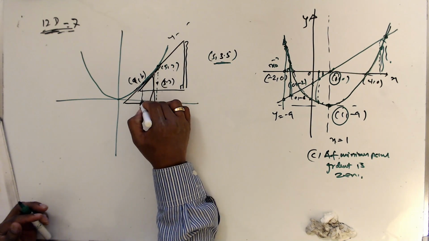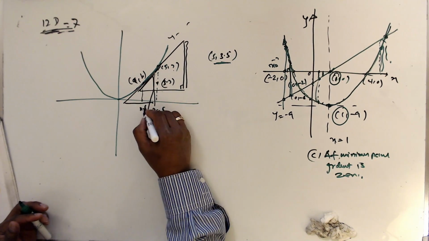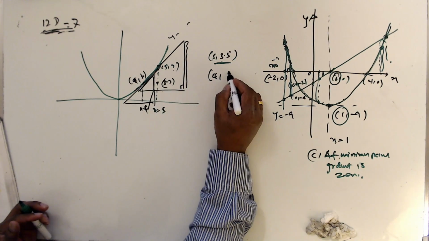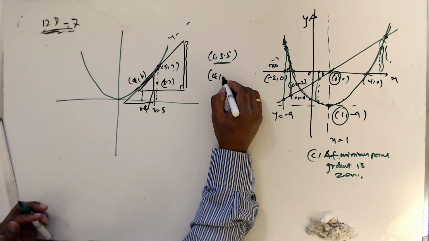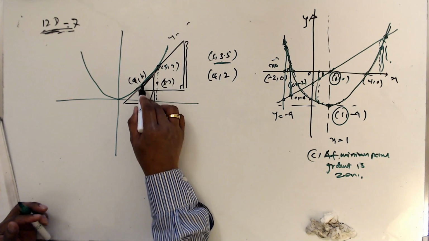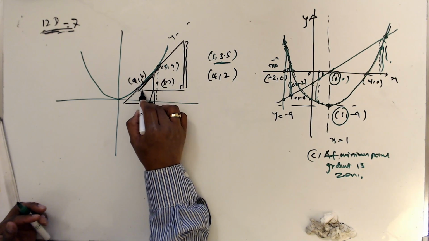And then you measure this height, and you find out that when x equals 4, the gradient value is 2. So then you are measuring at the same place. (4, 6) is here, (4, 2) is somewhere here.